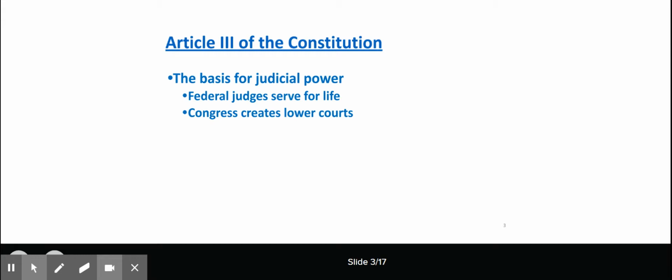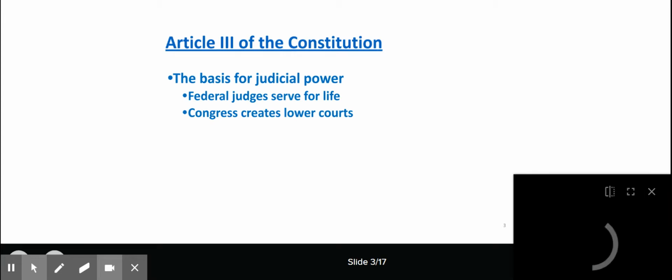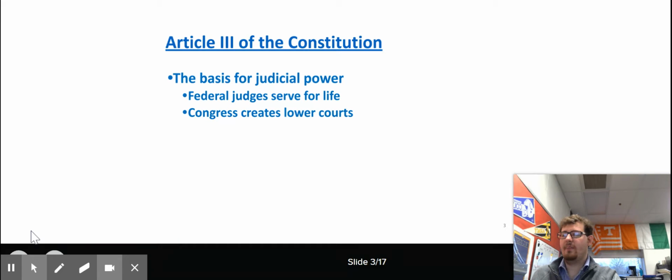And then Section 3 has to do with things like handling treason, and the like. So it's not very long. It's one of the shortest articles of the Constitution, especially the shortest of the 3 branches. We'll come back over here. And so it leaves a lot to be desired with respect to what the Supreme Court does.